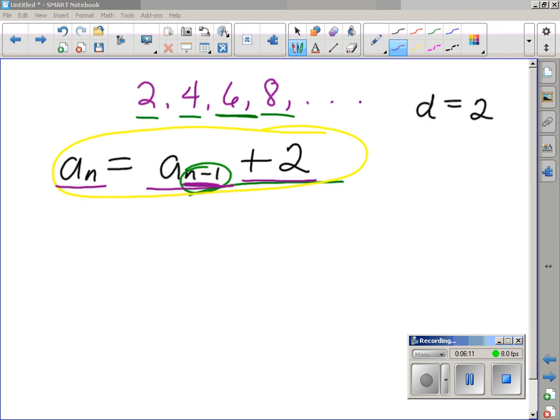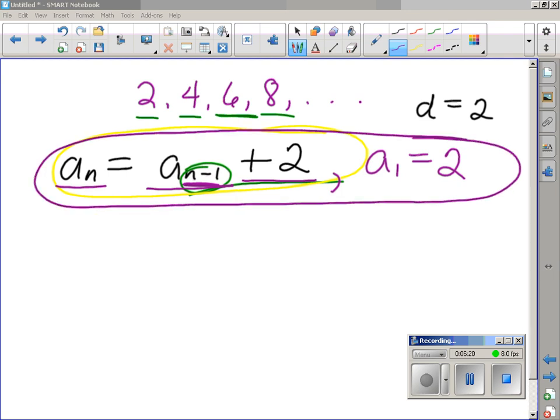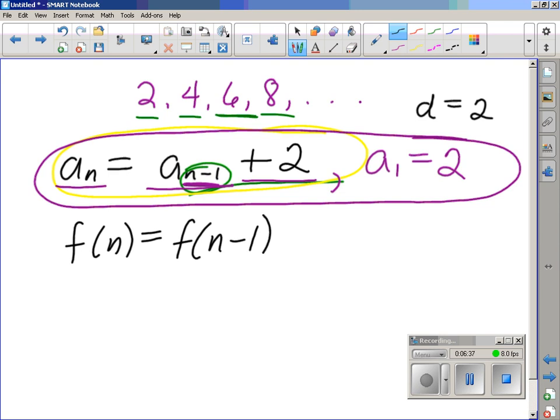So in order to finish this recursive rule, I have to say what the first term is. This is my entire recursive rule for that sequence. A sub n equals a sub n minus 1 plus 2. First term is 2. Now remember, you could have written it this way. F of n equals f of n minus 1 plus 2 with f of 1 equal to 2. Now we're going to try a couple more like this, so don't freak out if you're not getting it yet.